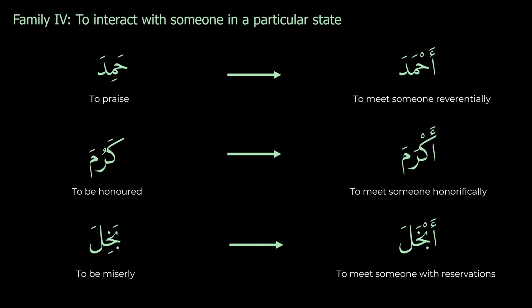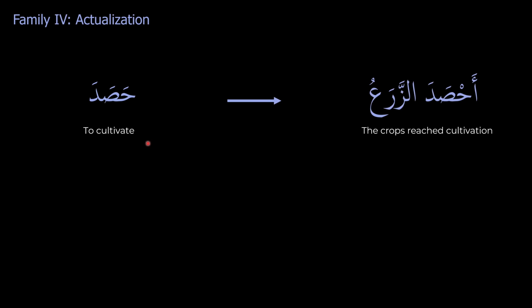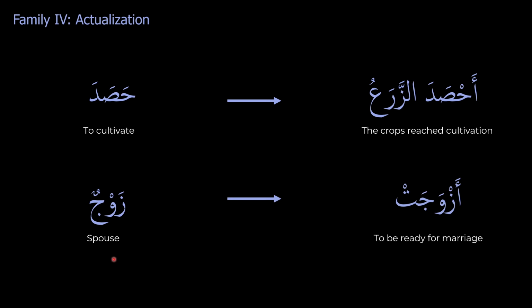So another meaning that has to do with family 4 is actualization. So for example, if we have hasada, which means to cultivate, and then if we put this in family 4, ahsada dhara'u means the crops reached cultivation, meaning they're ready to be cultivated, right? It's been actualized, like it reached its endpoint essentially. So for example, we have zawjun, which means spouse, and then adwajat means to be ready for marriage.